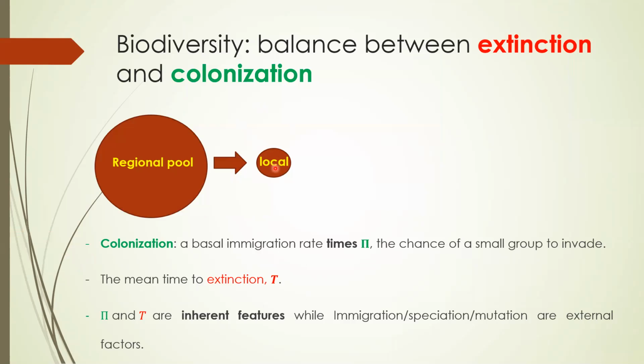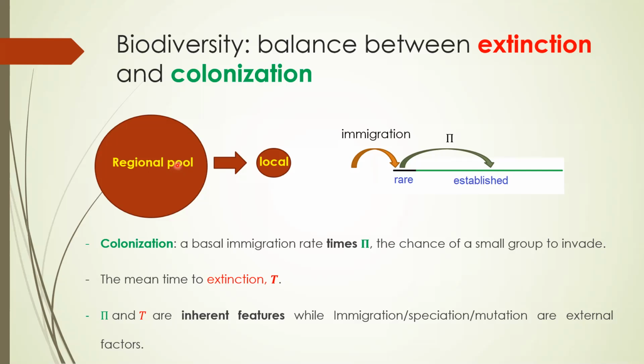So if we have in mind some local community, say an island, coupled to a regional pool by migration, then the rate of colonization is determined by some basal immigration rate, where propagules or seeds or individuals come from the regional pool to the local community, times the chance of invasion, which I denote by pi.